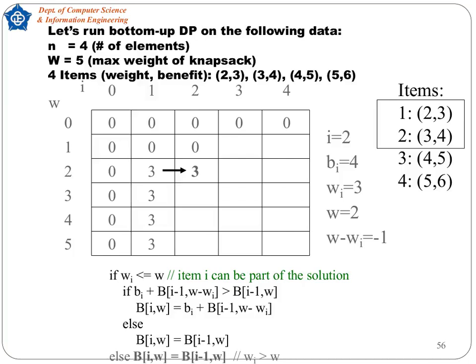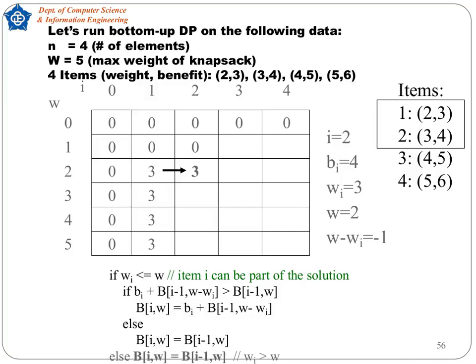We build a table B where i runs from 0 to 4, the number of items considered, and w runs from 0 to 5, the current capacity. The recurrence looks like this. If w_i is less than or equal to w and b_i plus B[i-1, w-w_i] is greater than B[i-1, w], then B[i,w] equals b_i plus B[i-1, w-w_i], else B[i,w] equals B[i-1, w].